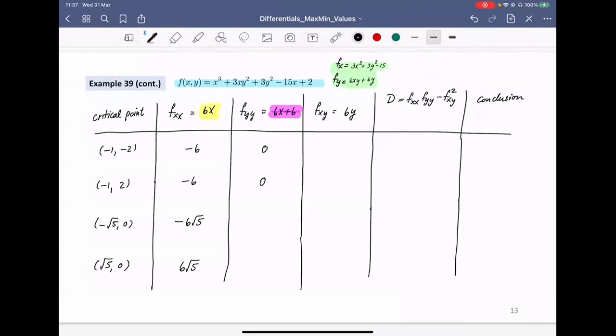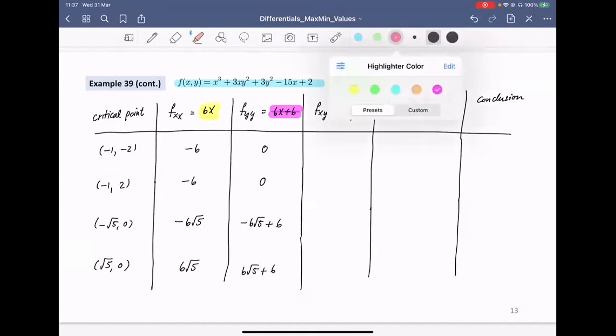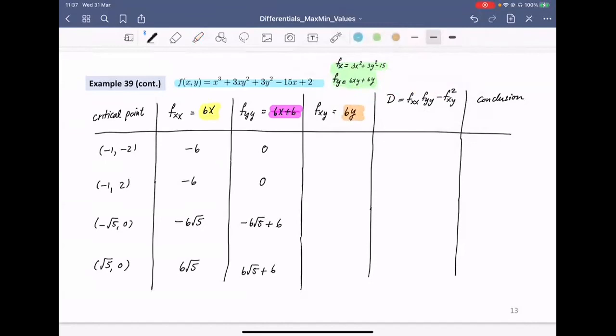And then x equal to -square root 5, so I plug in and get -6 square root 5 plus 6. No, this is just 6 square root 5 plus 6 for the other one. Okay, and the next column, where I get 6 times y, which is -12, 0, and 0. Right, so you have everything in your hand now.